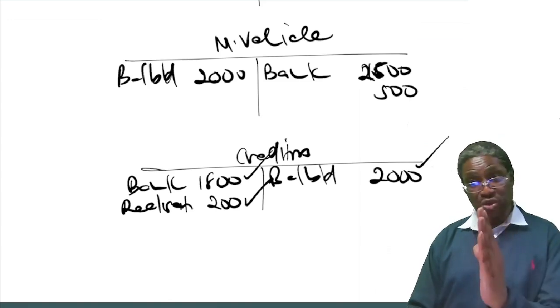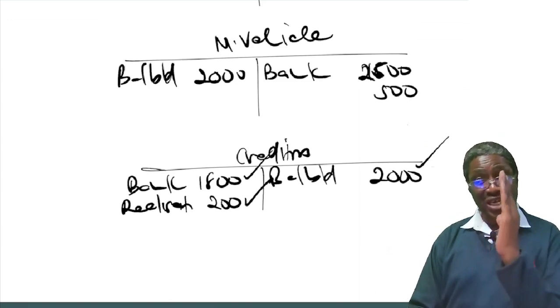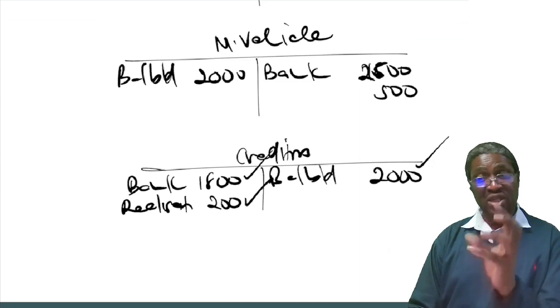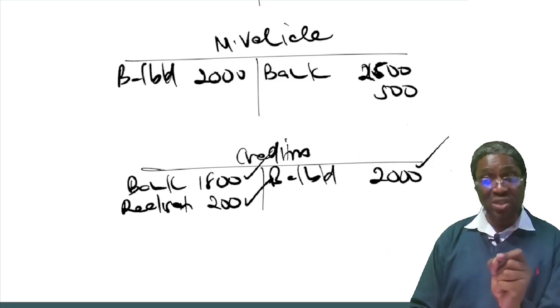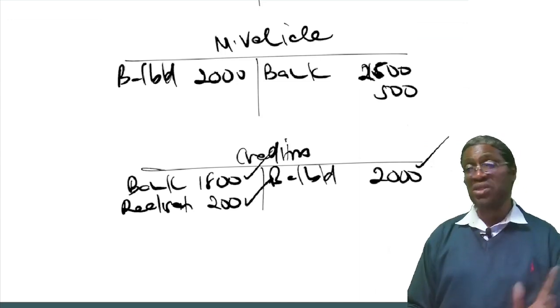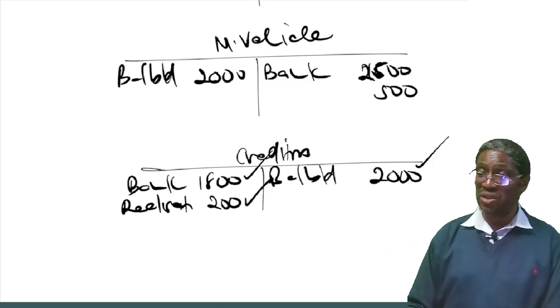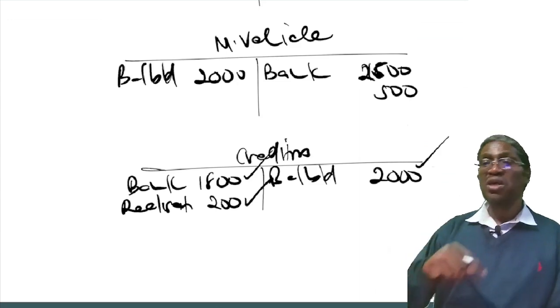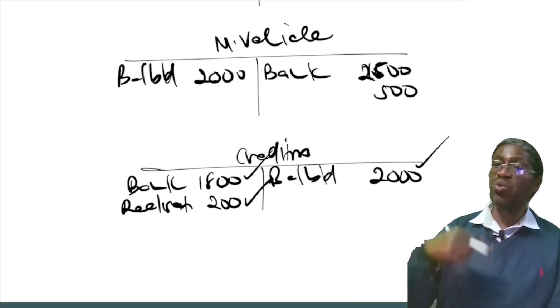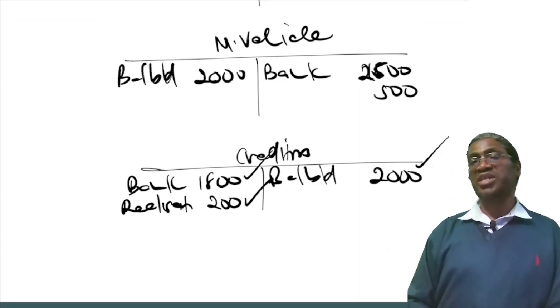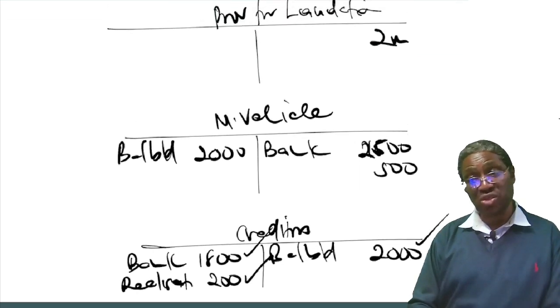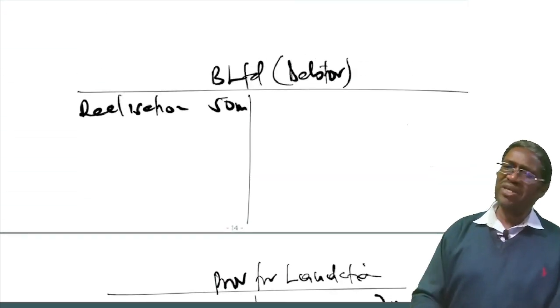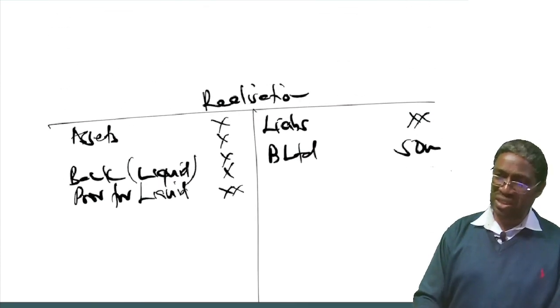Don't forget, we are not running a normal business. This 200 discount, if it was a normal business, I would have taken to the P&L account. But now we are closing, or liquidating, this business. We are taking that 200 to the realization account. That's our entry number 6.